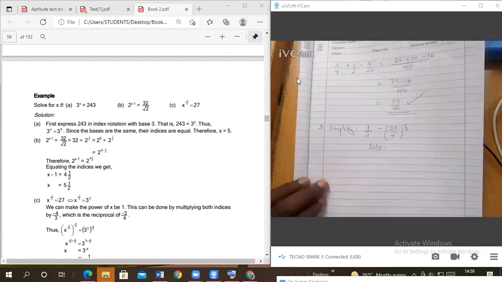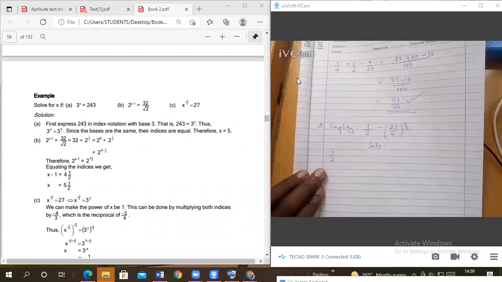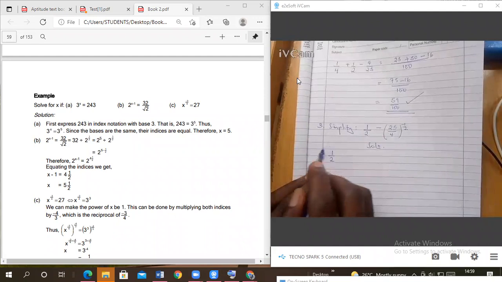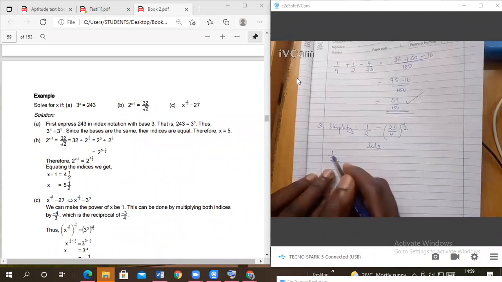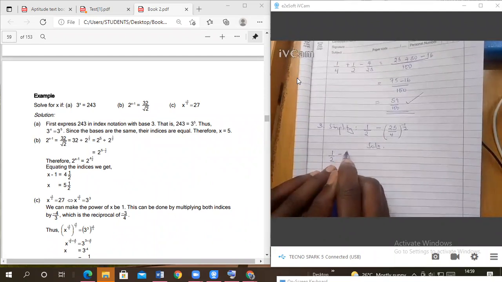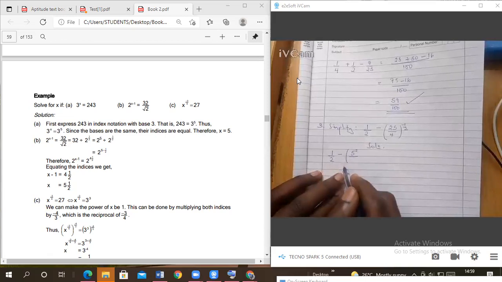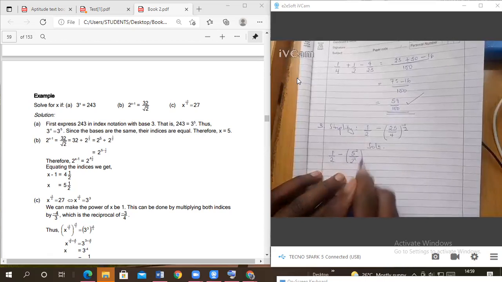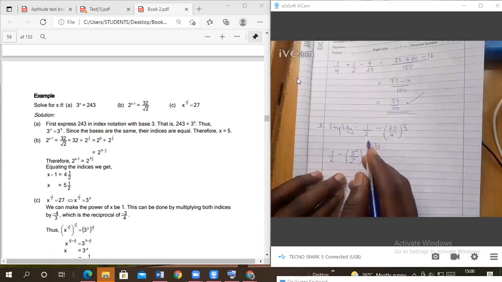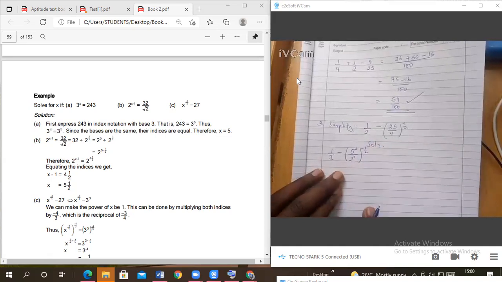So we shall have 1 out of 2, not so? We shall have 1 out of 2 minus 5 squared, out of 2 squared, negative half.